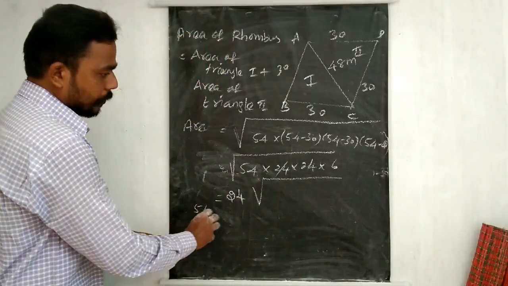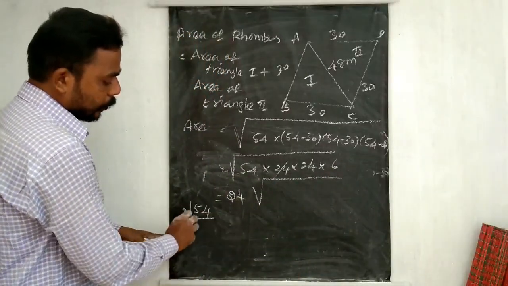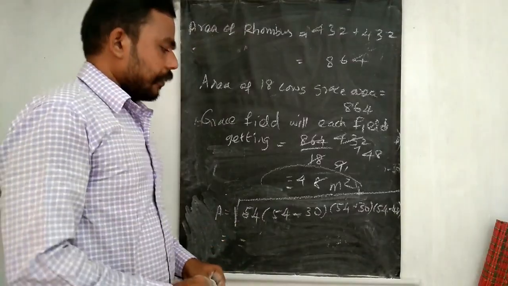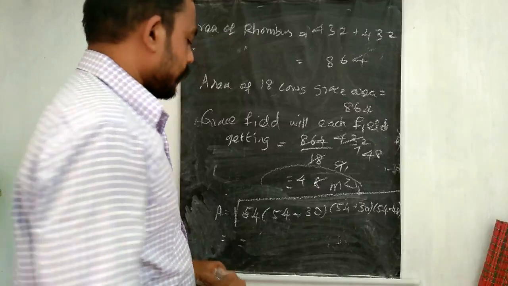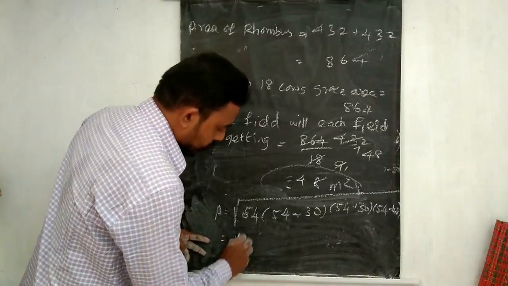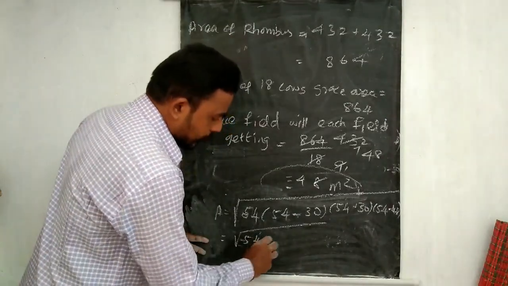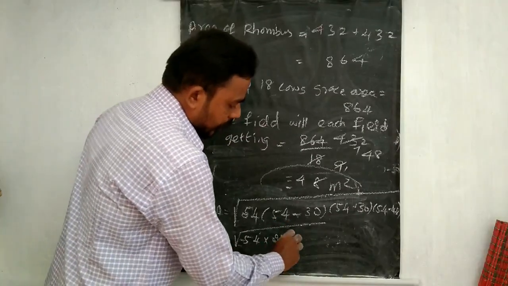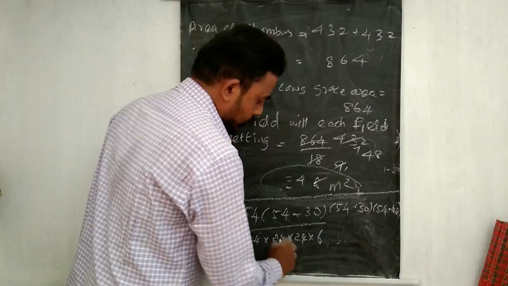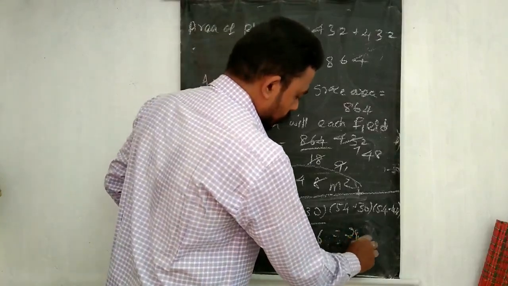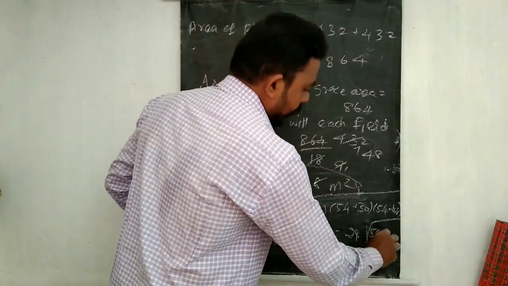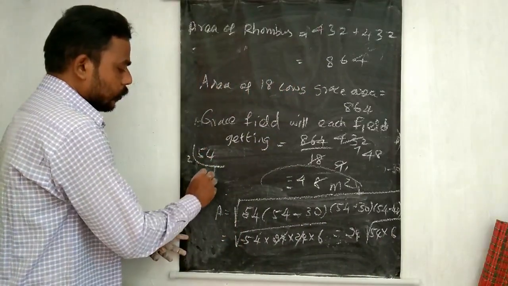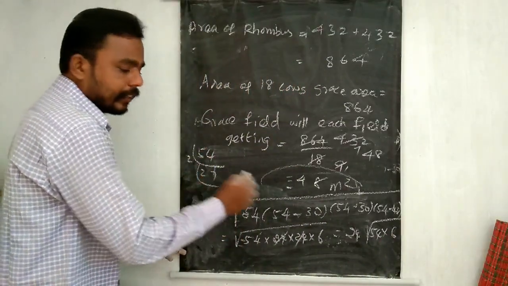Area equals root of 54 into 54 minus 30, 54 minus 30, and so on. So already you know 54 minus 30 is 24. Here also 24, here 6. The 24 we can write outside, so 24 into root of 54 into 6. The prime factorization of 54 is 2 into 27, so 3 into 3 into 3.